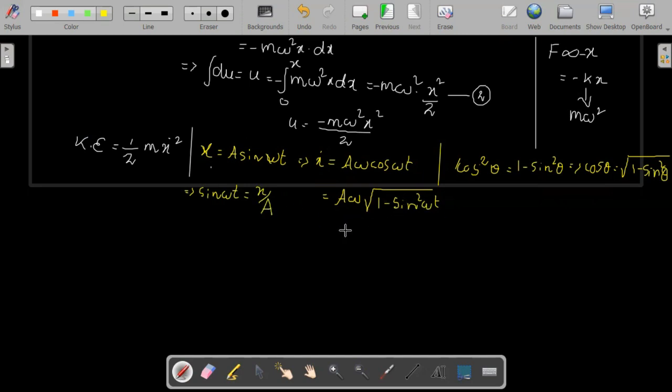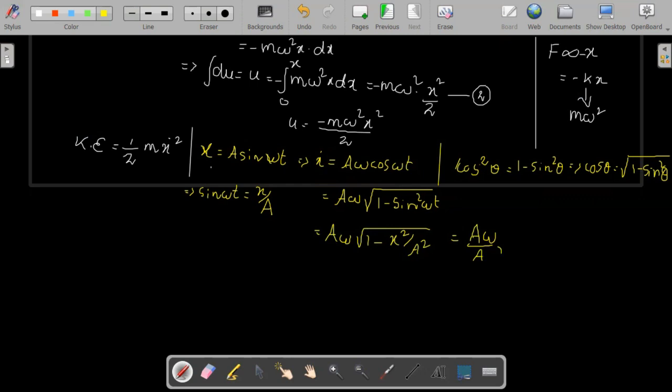So we can use it here. a omega root over 1 minus, sine square omega t would be nothing but x squared divided by a square. If we take this a square out of the root, we just have a. So it will be a omega divided by a.